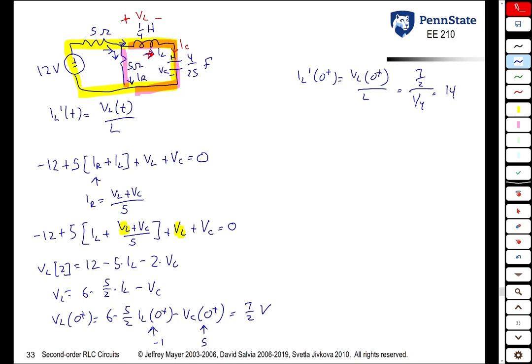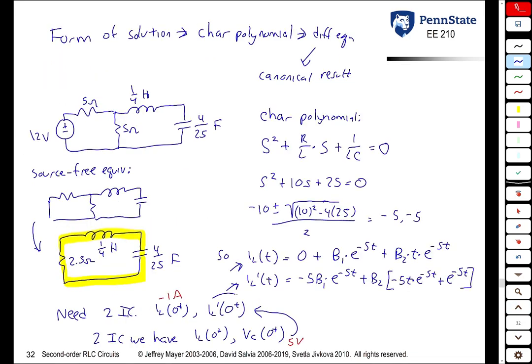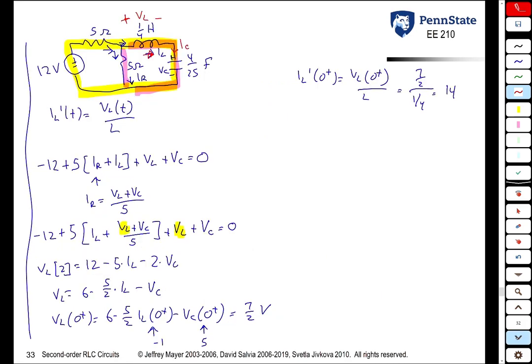So all of this work on here was just to find the second initial condition. As I mentioned, this is the hardest step typically in these transient RLC circuits.